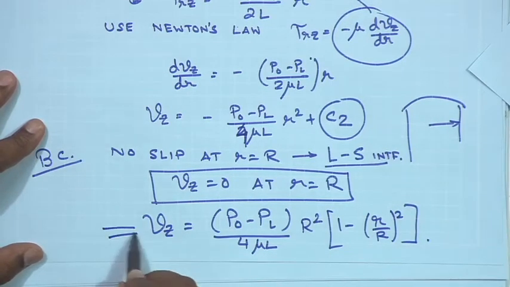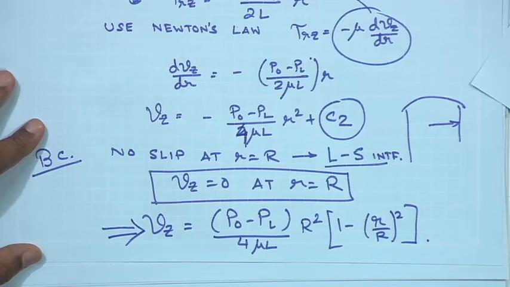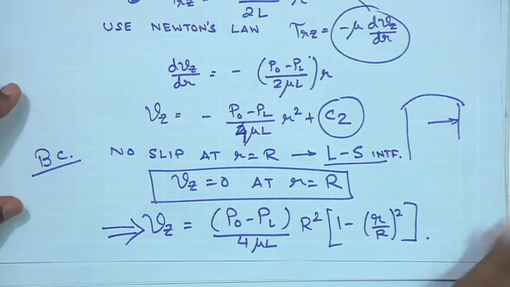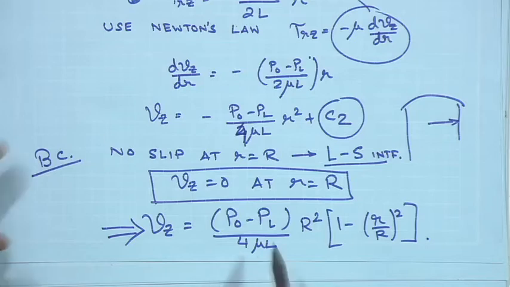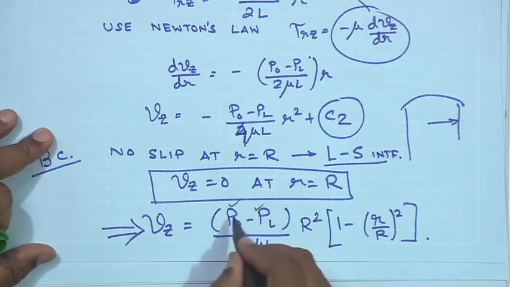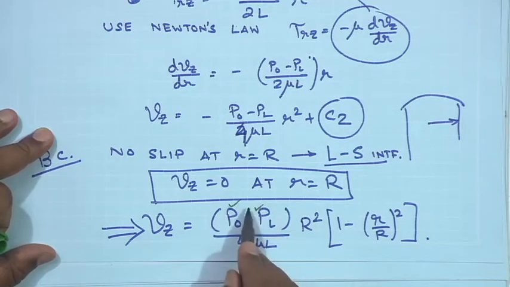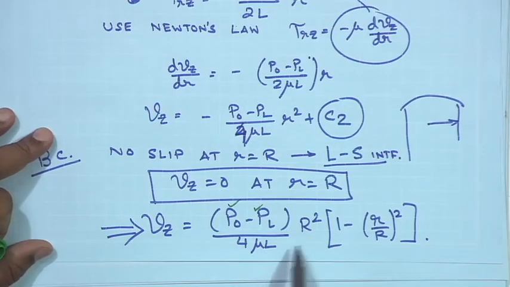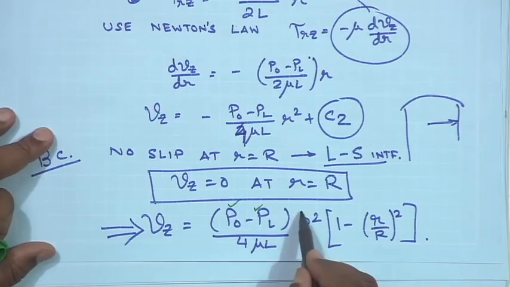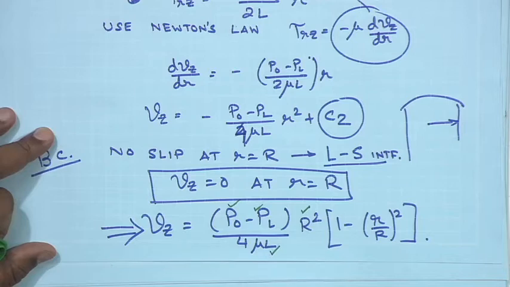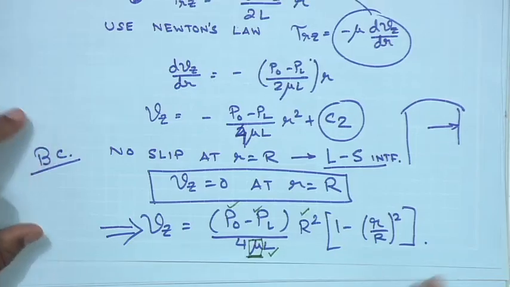So, this is the expression of velocity for flow in a circular pipe in presence of pressure gradient and gravity which is embedded into it, and all other parameters, the geometric parameters R and L, and the transport property mu are already present in here.